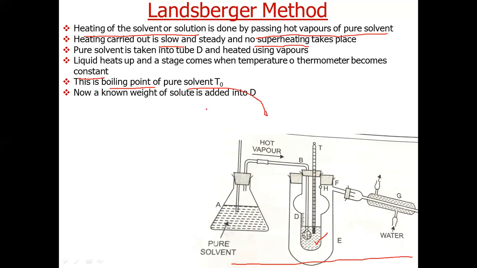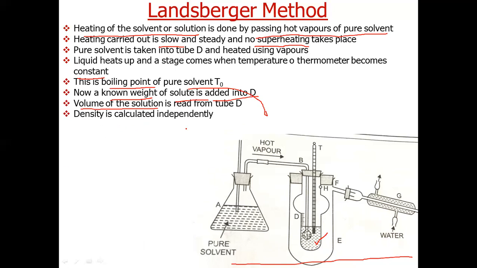Now we add some solute into it, some known weight of solute, as we have to calculate molality. These measurements are used to note the volume of the solution. We added solute and noted the volume of the solution. For molality we need the weight of solvent, but from here we can note the volume of solution. Now we have a relation: density is equal to mass per unit volume.